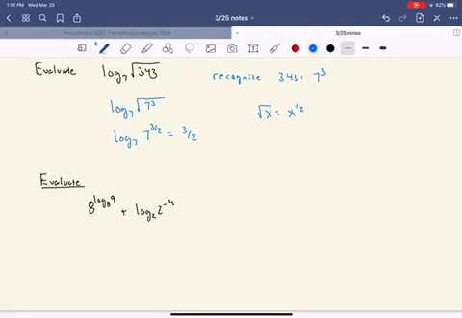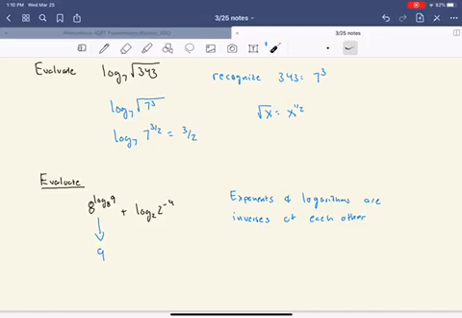Now, remember, exponents and logarithms are inverses of each other. Okay, so this expression reduces to 9.